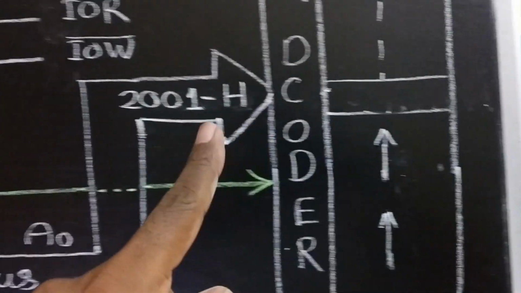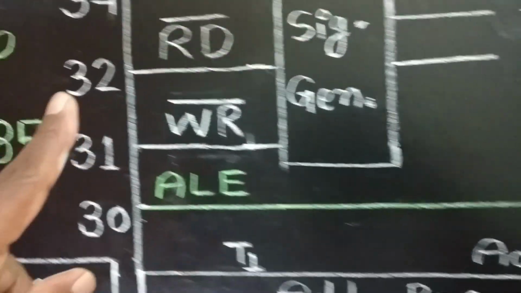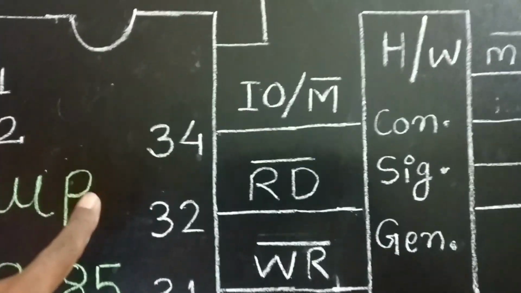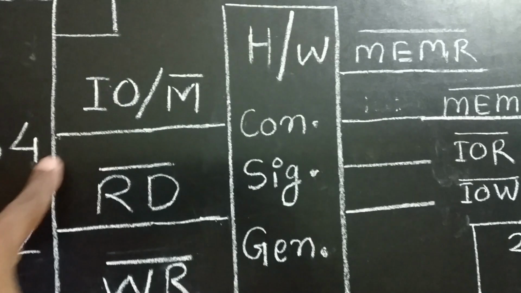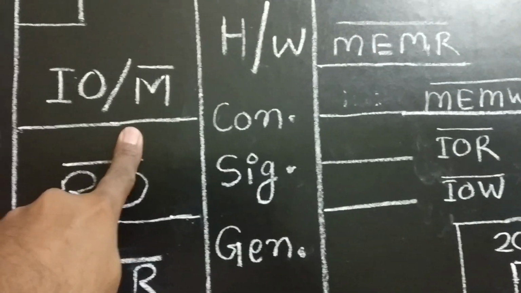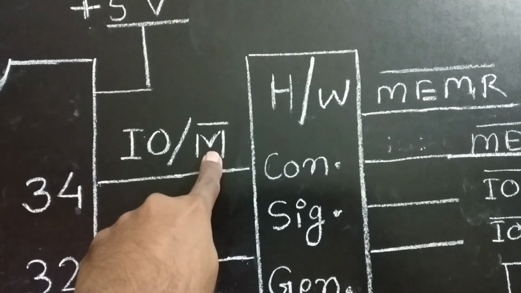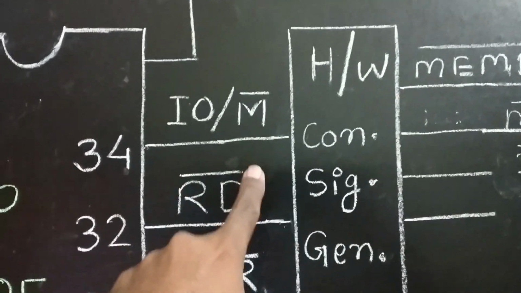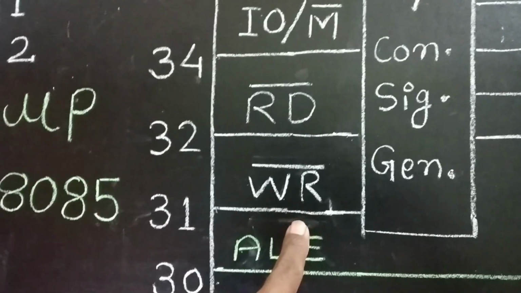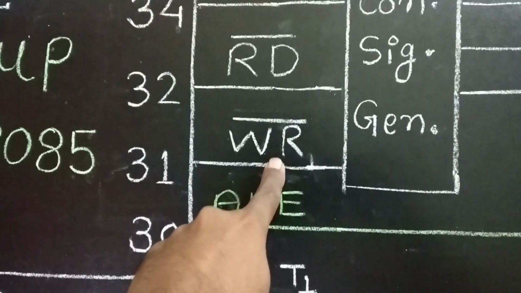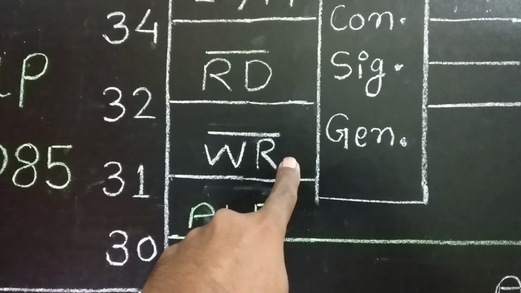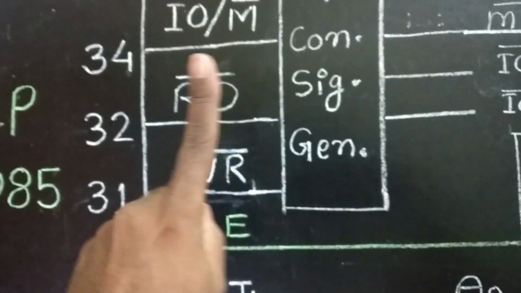Now the microprocessor will activate at T2 the IO/M bar, because it is a memory operation, so it is activated low. Because it is a writing operation, write bar is also activated low, and read bar should be 1.